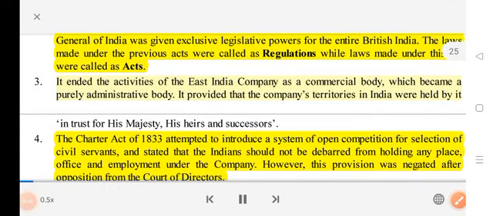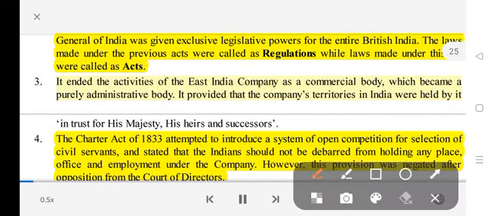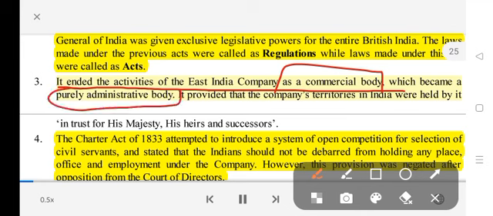It ended the activities of the East India Company as a commercial body, which became a purely administrative body. It provided that the company's territories in India were held by it in trust for His Majesty, his heirs and successors.